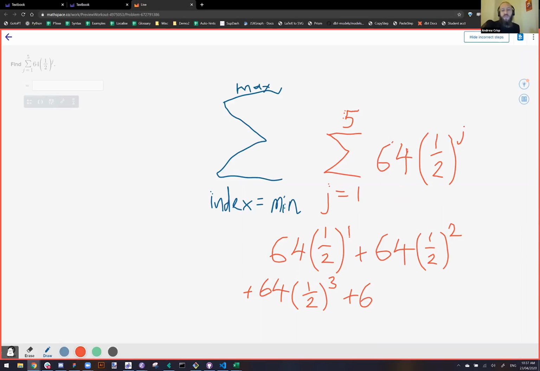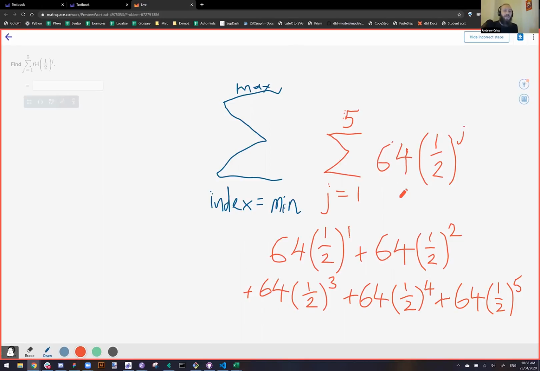Plus 64 times 1/2 to the power 4, and I keep increasing by 1, 64 times 1/2 to the power 5. Now that my index has reached the maximum value, I stop.